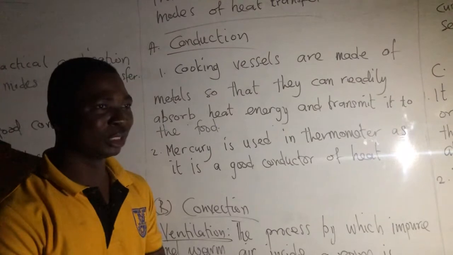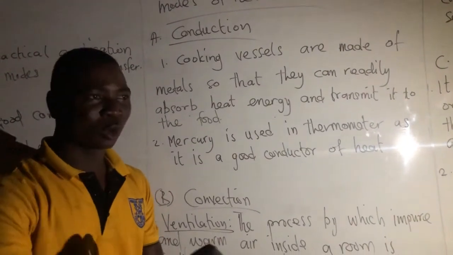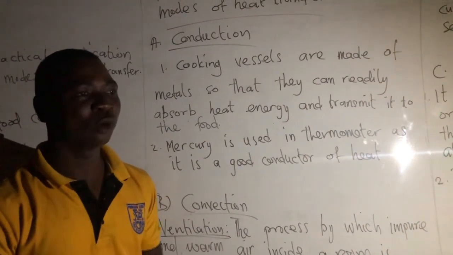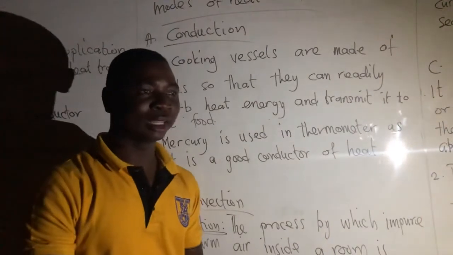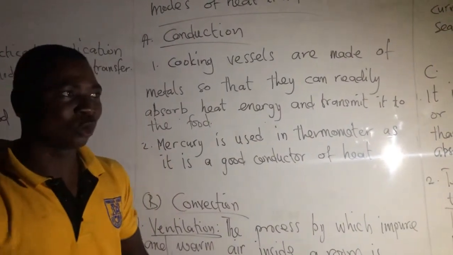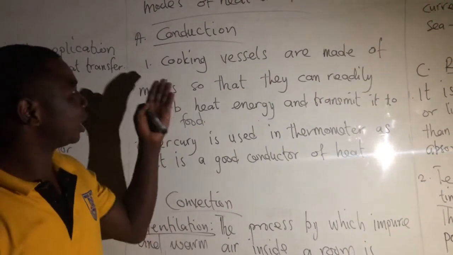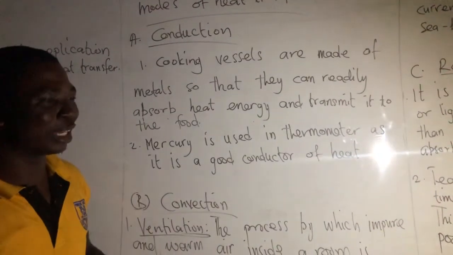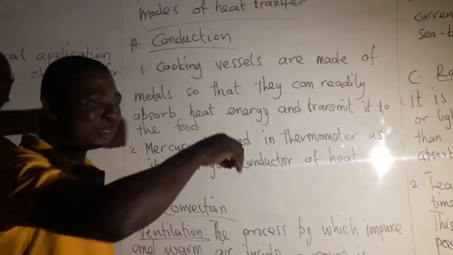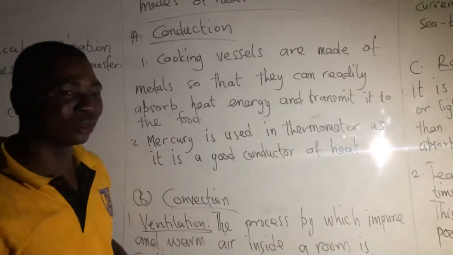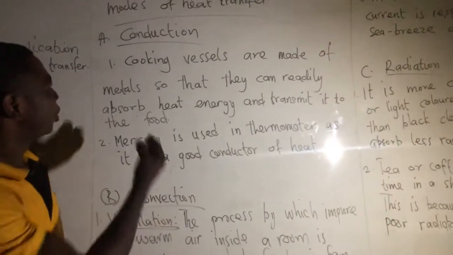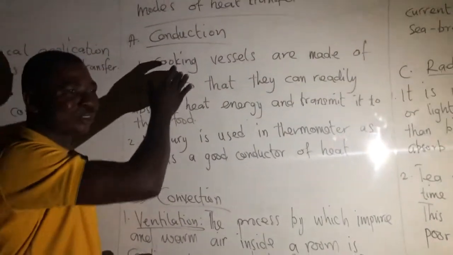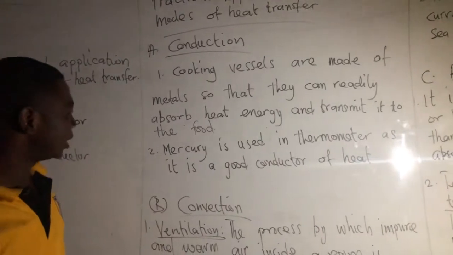The fire will be under it, so that the metal will become hot and then cook our food for us. So that's one practical aspect of what? Conduction. Without the object becoming hot, your food cannot be cooked. Another one is what?